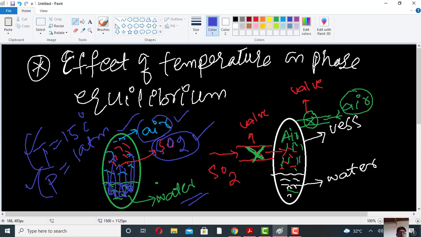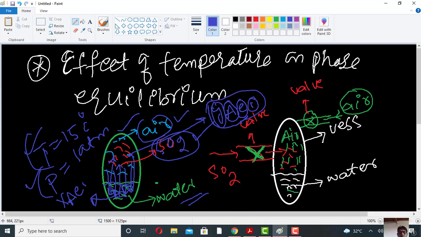After the equilibrium was achieved, we determined the concentration of sulfur dioxide in the air and it came out to be YaE1. And when we determined the concentration of sulfur dioxide in the water, it came out to be XaE1. YaE1 shows the concentration of sulfur dioxide in the air during equilibrium in experiment number 1.